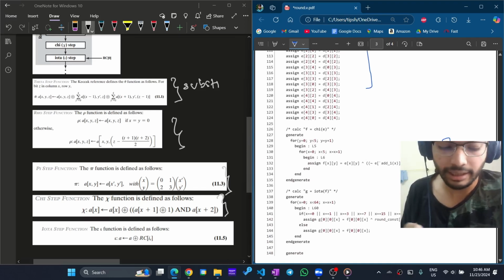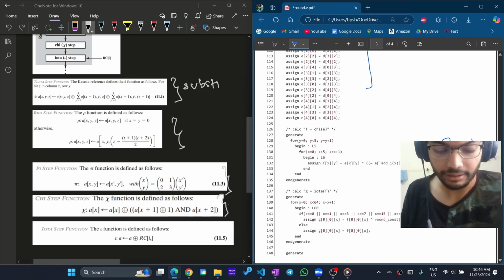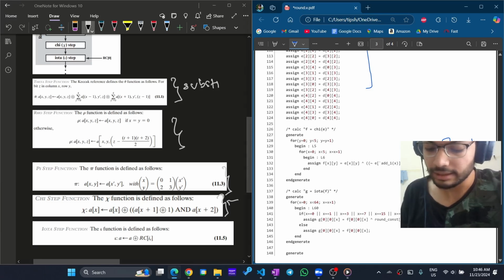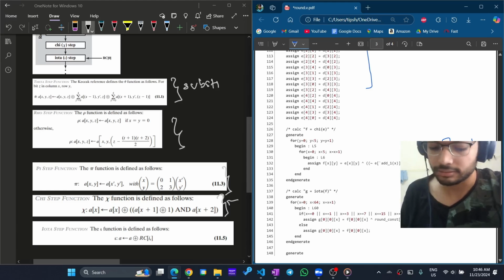Then this is given to the chi stage, which is a substitution again, based on this criteria, which is given here. Then this progresses to the iota phase to be XORed with the round constant for that specific round.